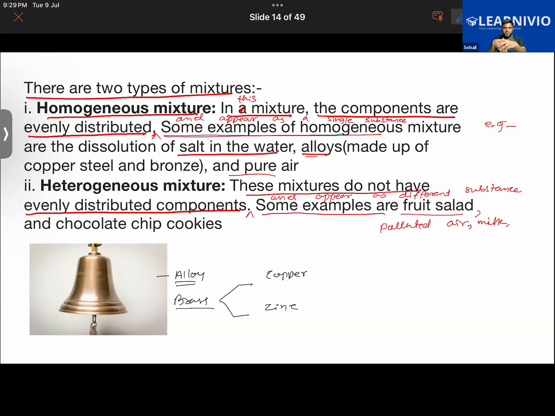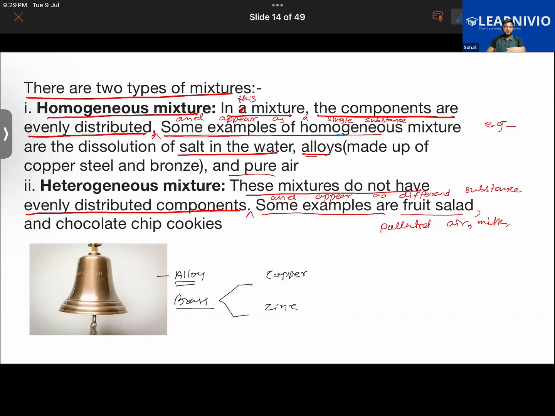Moments ago we were learning about separation. I was telling you what the need is, why we need to separate different things. Furthermore, there are certain principles of separation.